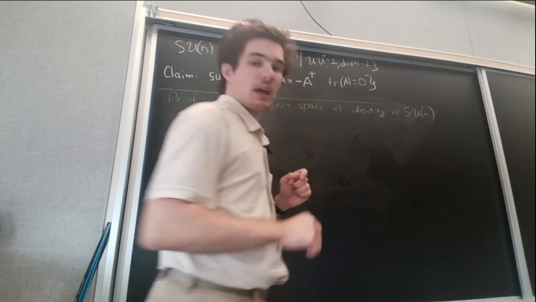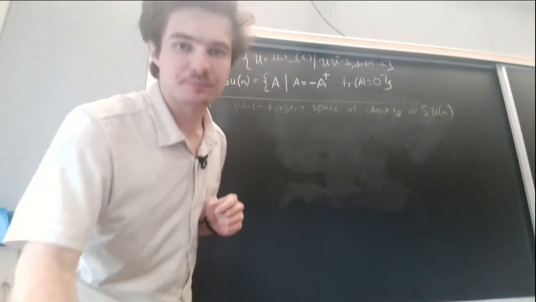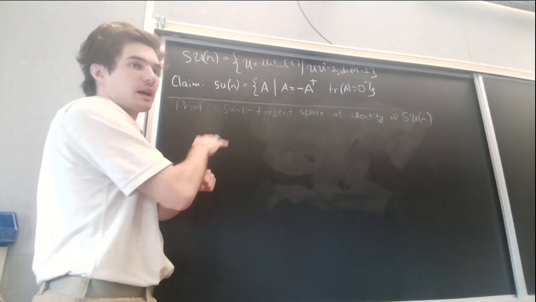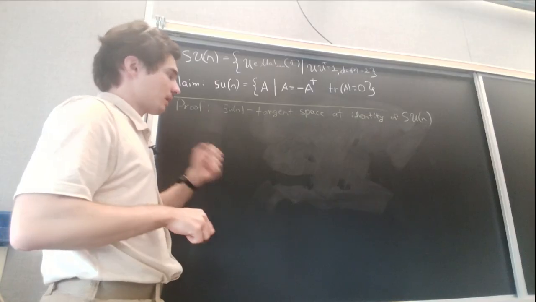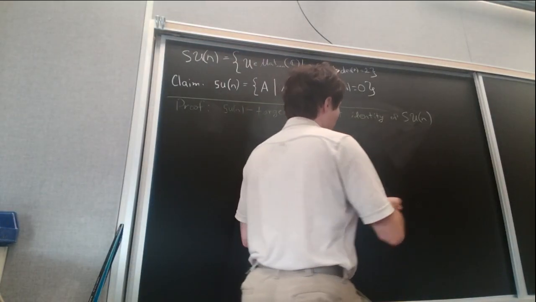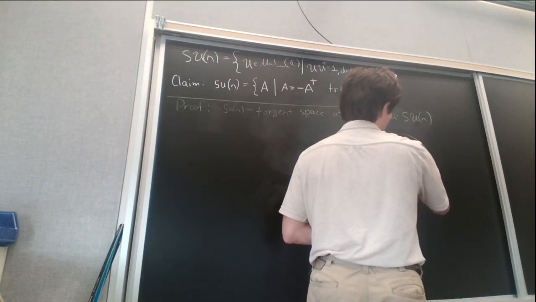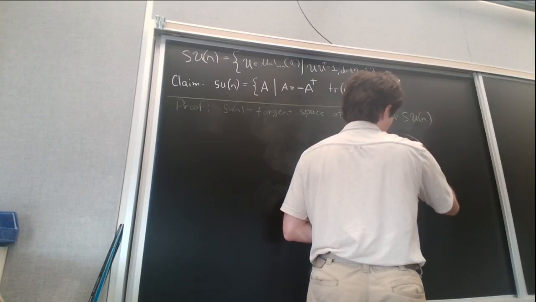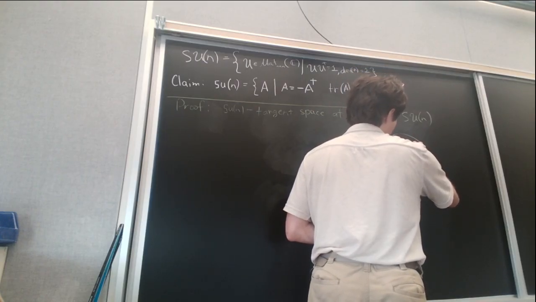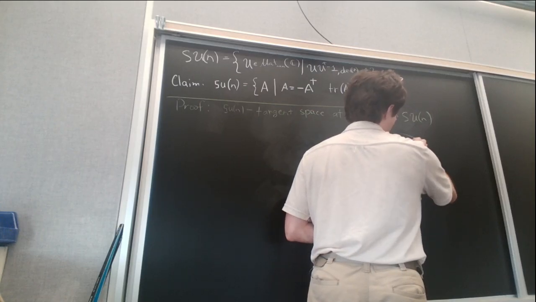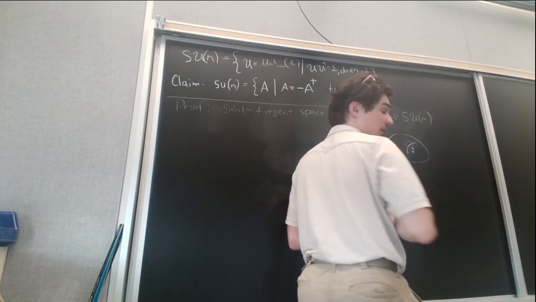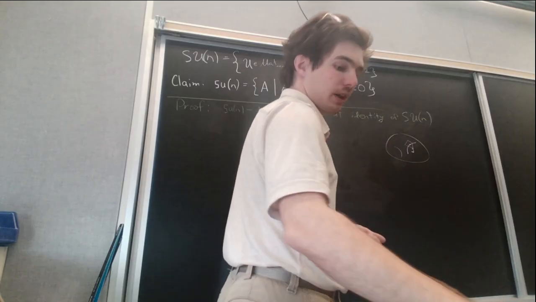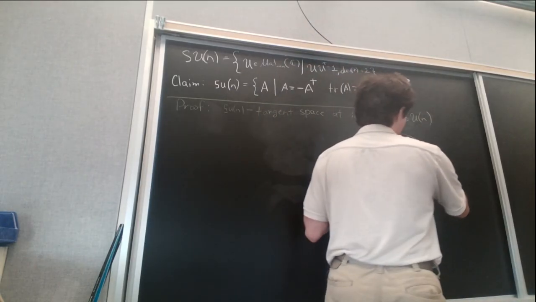Do you agree? And so what we have to do is figure out what the tangent vectors at the identity are. How are we going to do this? Well, we have our Lie group, whatever it is, and say here's the identity. We're going to look at paths that go through the identity at time t equals 0, and then find their derivatives.